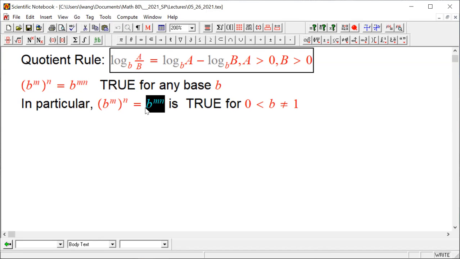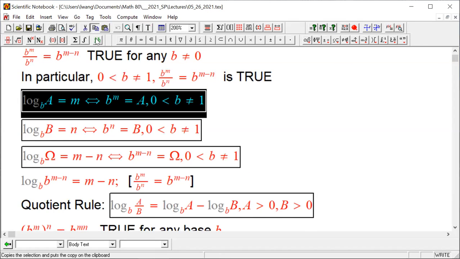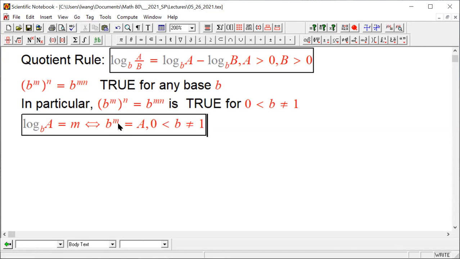From it, let's see what we can derive. We have b to the power m, right? In the definition, b to the power m, we already did something to it right here. So I'm just going to copy that, so you know, there are similarities. So b to the power m equals capital A, I assume.